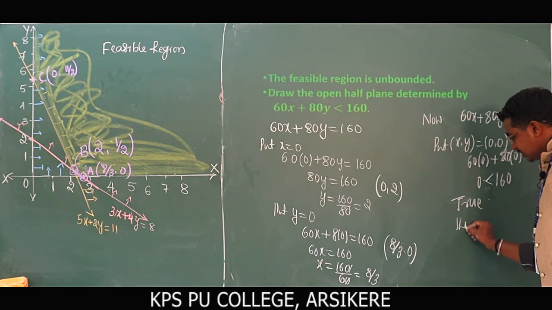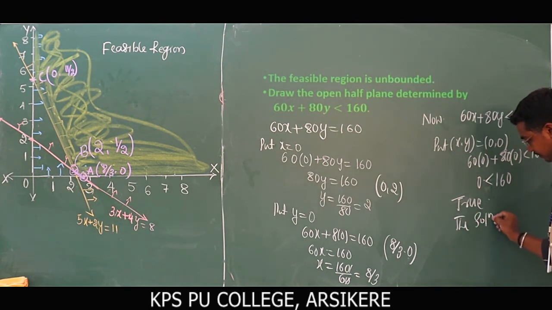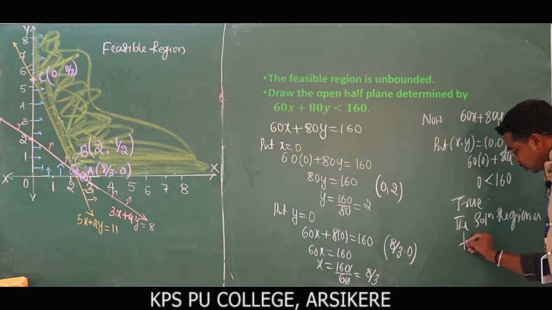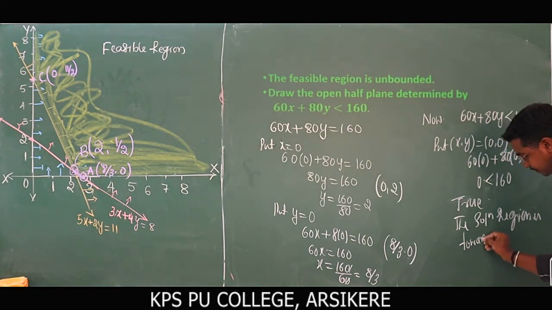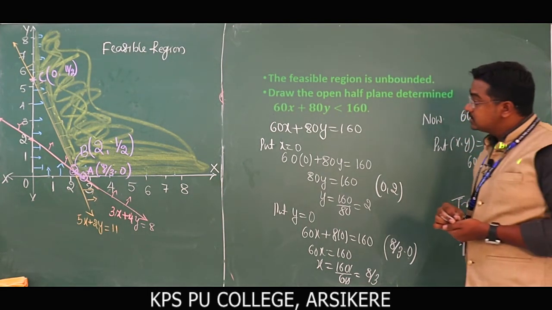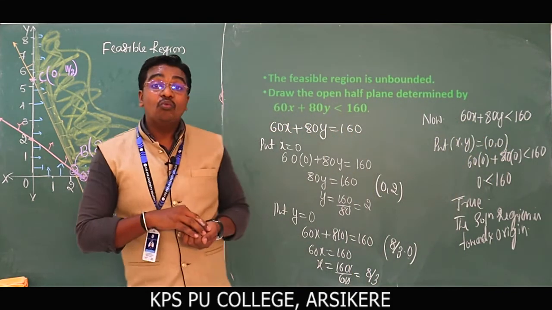The solution region is towards the origin. So now we'll draw the open half plane represented by the inequality 60x plus 80y less than 160.